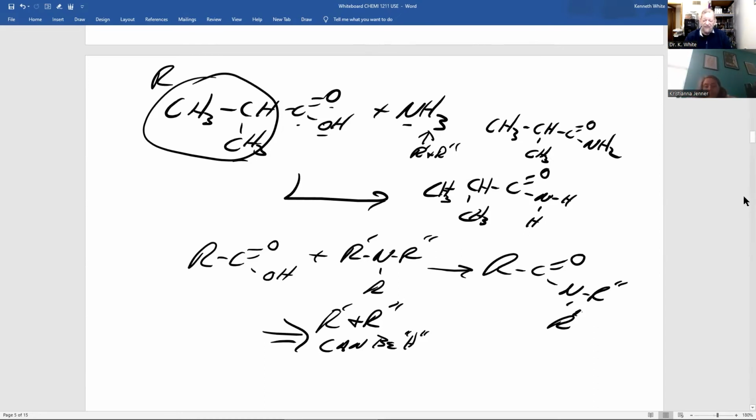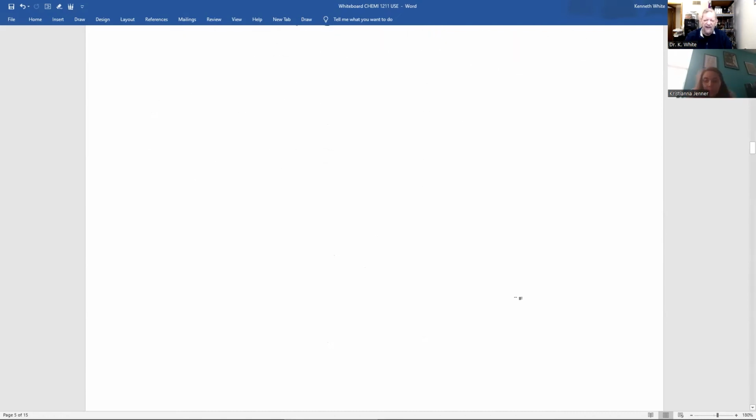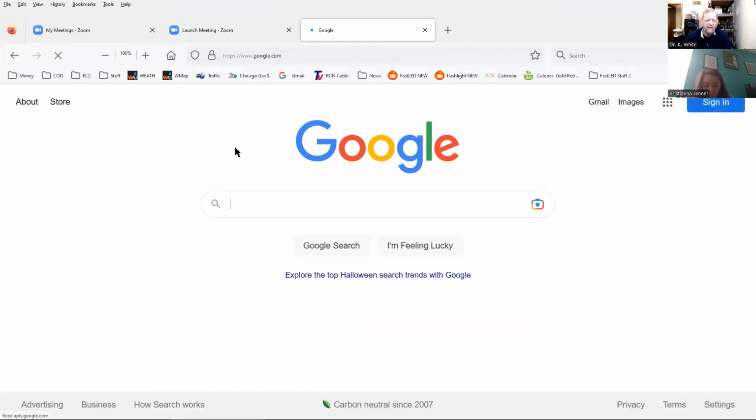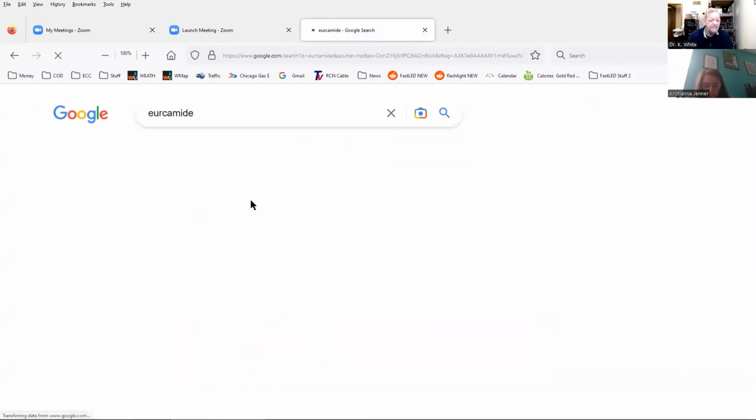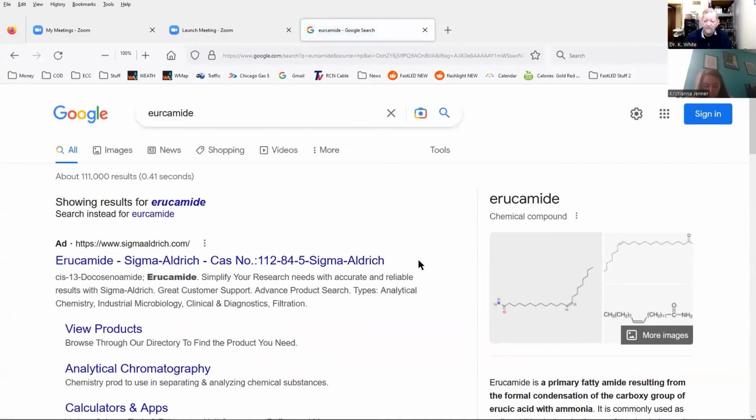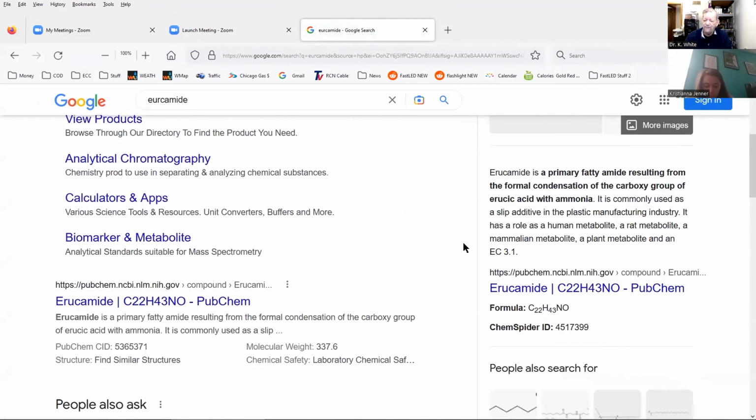But I do have time for a real quick story. When this type of amide, when these are very long, about 20 carbons or 22, it's been a while, hold on one second. "22 carbons, including the carbonyl."